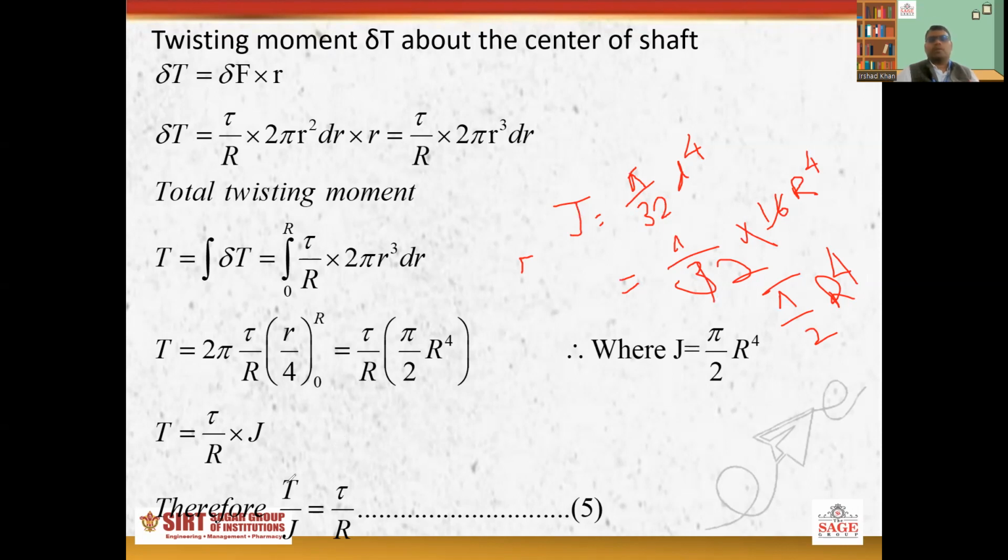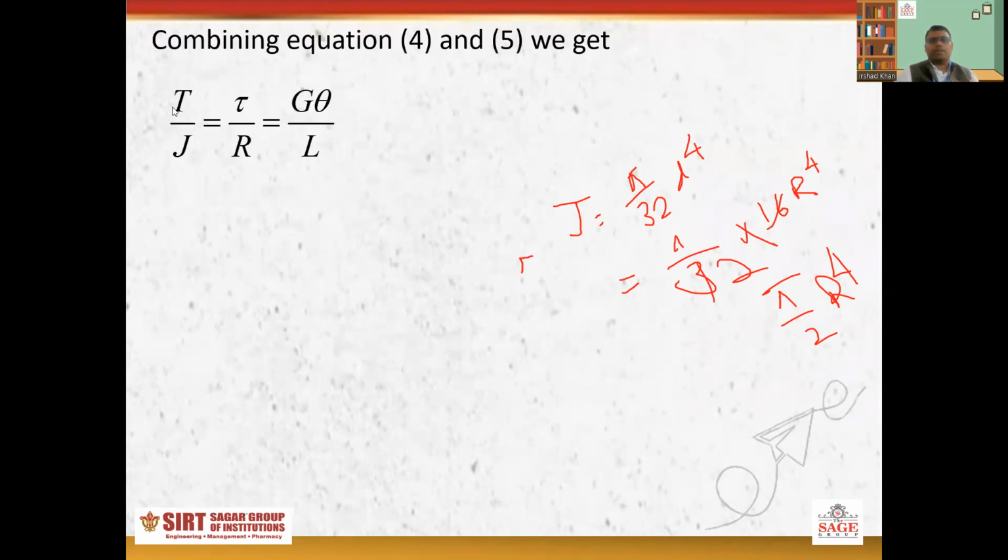So this equation becomes T upon J equal to tau upon R. In the previous equation, we know that tau upon R is equal to G theta by L. So just equate that value, and we get the relation T upon J equal to tau upon R equal to G theta by L, and this equation is called the torsion equation.